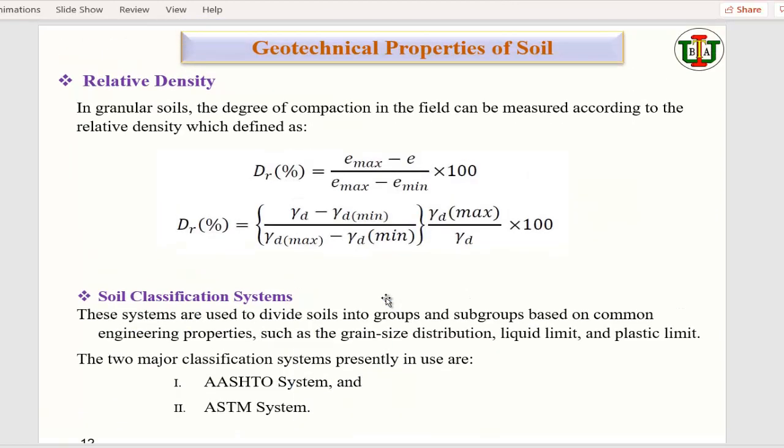Then we discussed relative density, because the rate of settlement or other compaction will depend on this relative density.